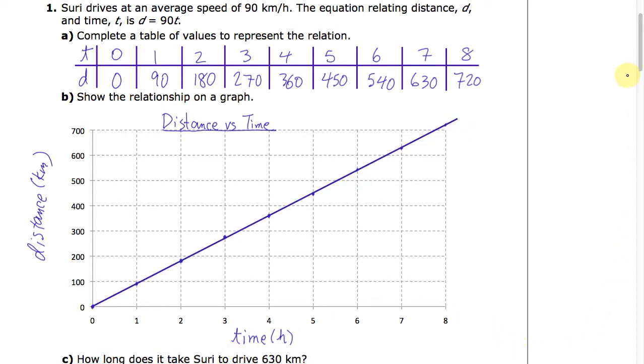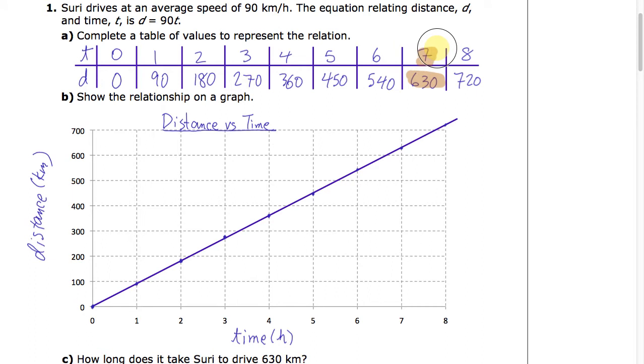Now the next question is asking, how long does it take Surrey to drive 630 kilometers? So of course I can see that here from the table that 630 kilometers it takes 7 hours to drive.